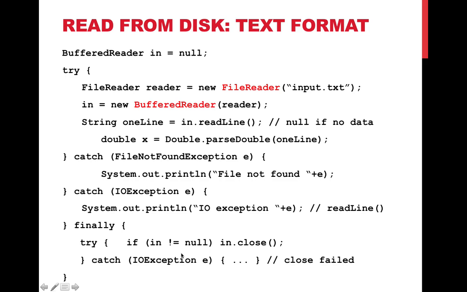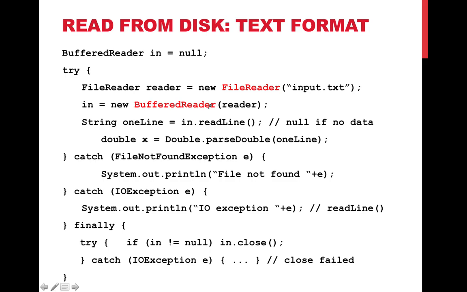Another case is reading a file in text format. Again another pair of classes is used. FileReader is the lower level interface, given the existing file name, and that object is wrapped by BufferedReader. Using BufferedReader, you can read one line at a time, and Java does not provide much detailed processing.